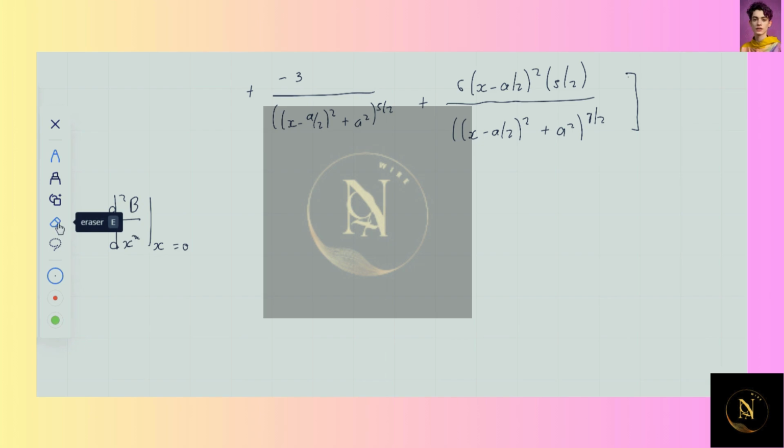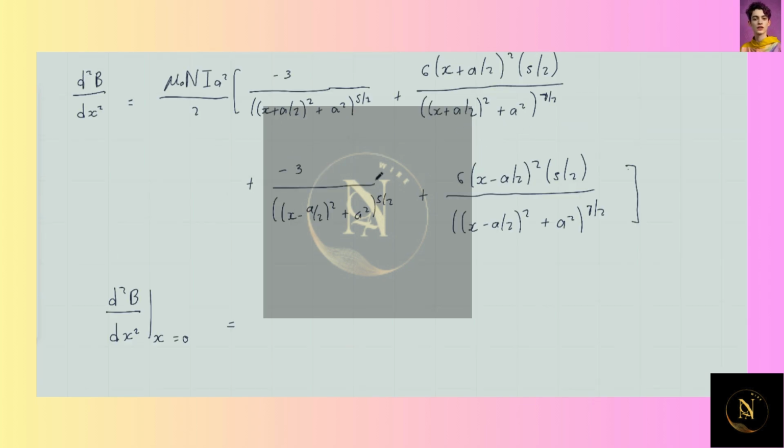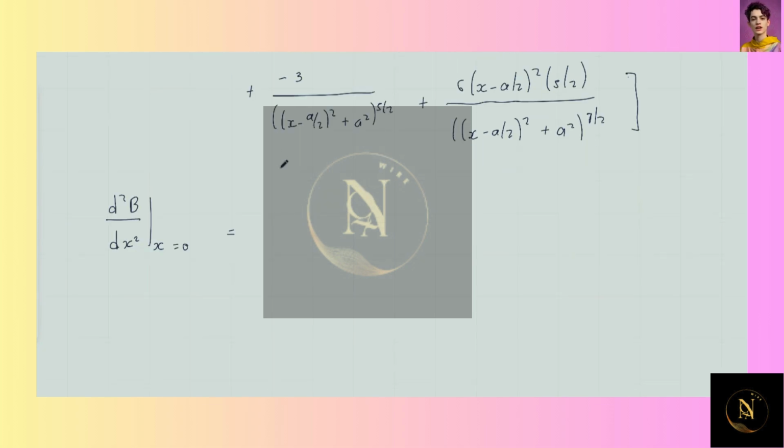All we do is substitute x equal to 0 into the expression above, and we see that if we substitute x equal to 0 into this long expression, we again are simply left with 0. So d2B/dx squared is also equal to 0. Now, since the first and second derivatives are 0, this means that the magnetic field can only be changing very slowly, and so the magnetic field is fairly uniform at point P.